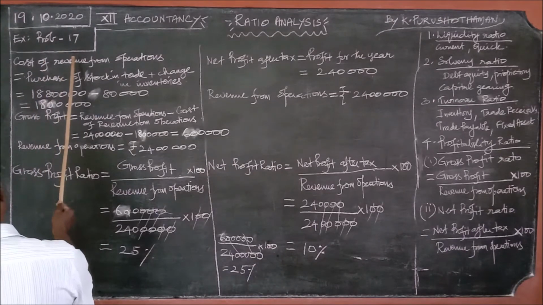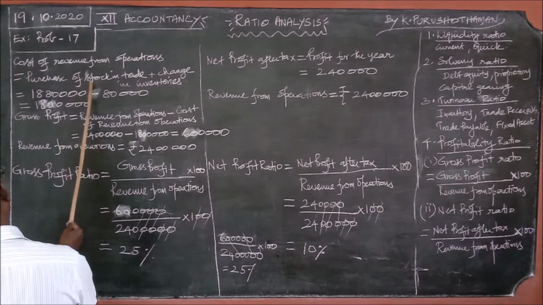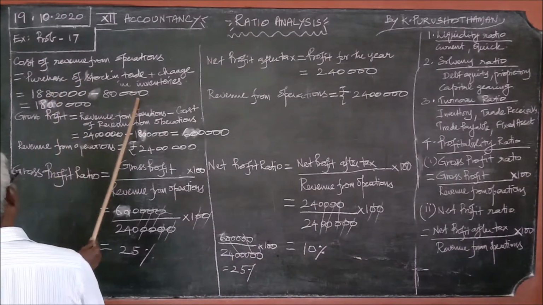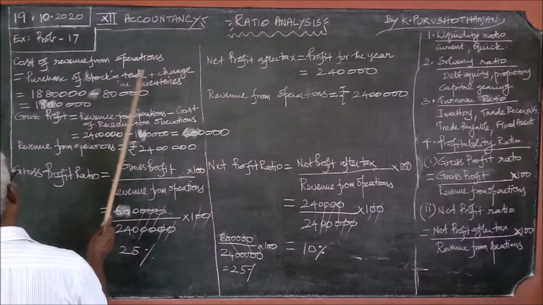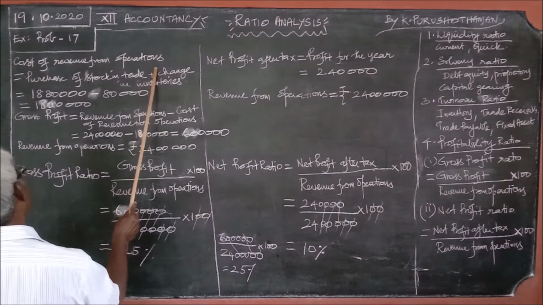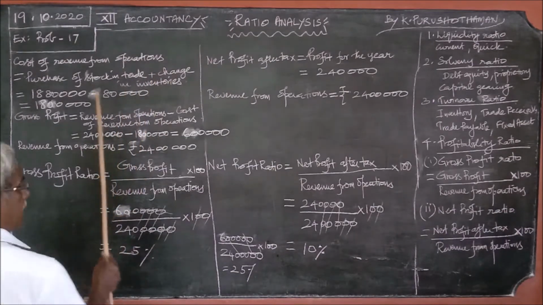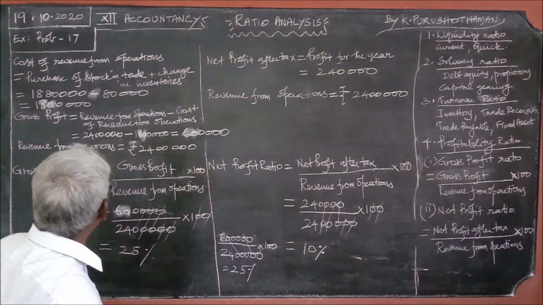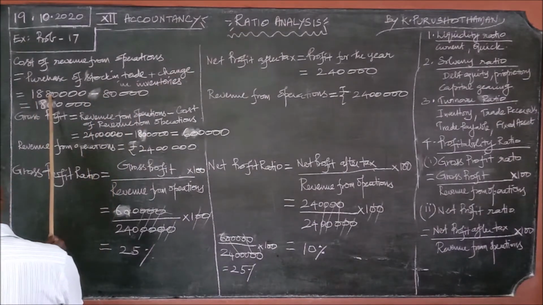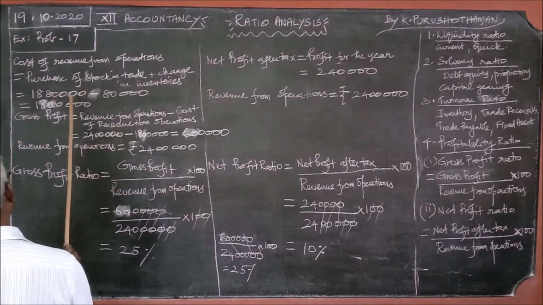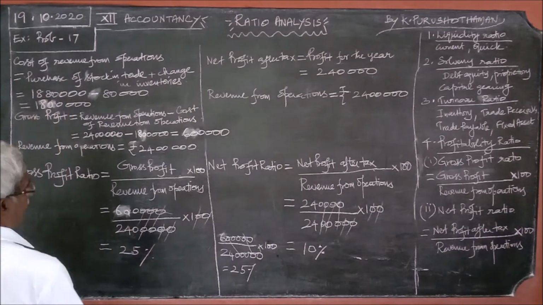Therefore, cost of revenue from operations for this purchase 80,000 minus change in inventories 80,000. Actually, the formula is plus only, but change in inventories is given in the problem as minus 80,000. So minus 80,000. Therefore, 18 lakhs 80,000 minus 80,000 will give you 18 lakhs.